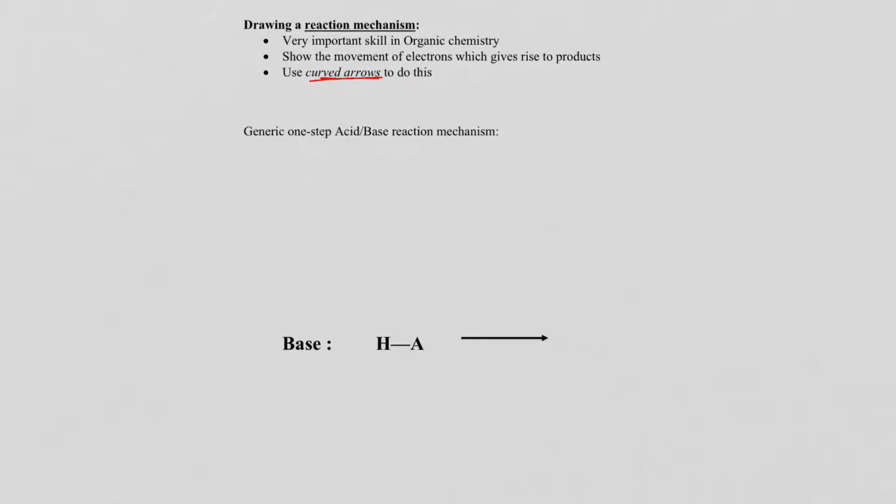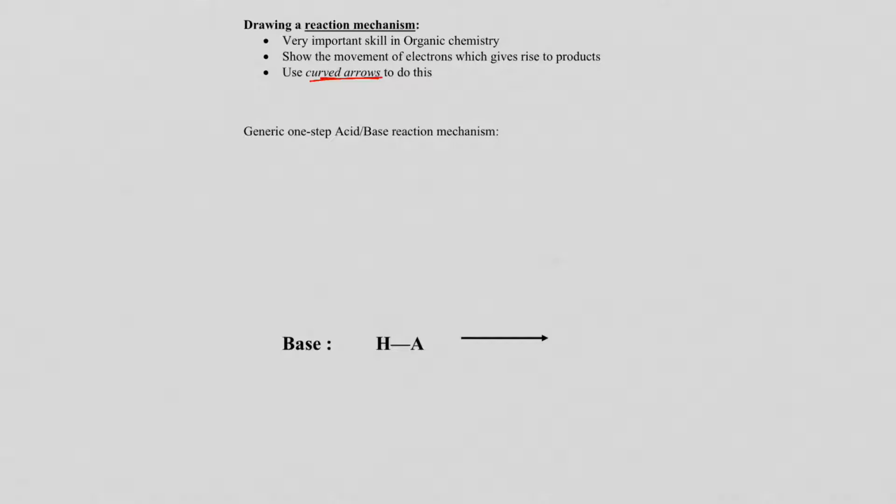So in the first mechanism you draw, it's going to be a really generic example of a typical base plus a monoprotic, unknown weak acid. In Gen Chem, you'll have called them HA, so I've called them HA for you today.